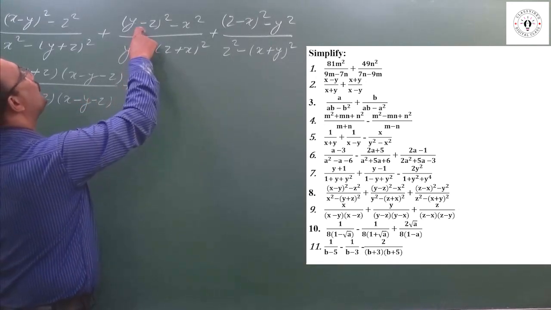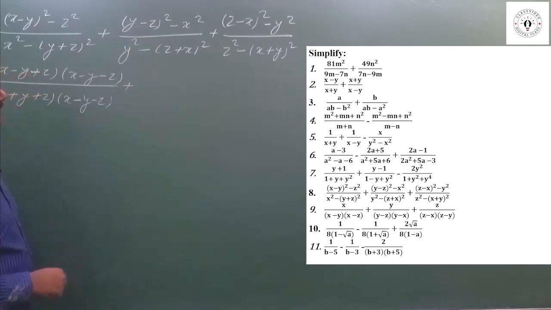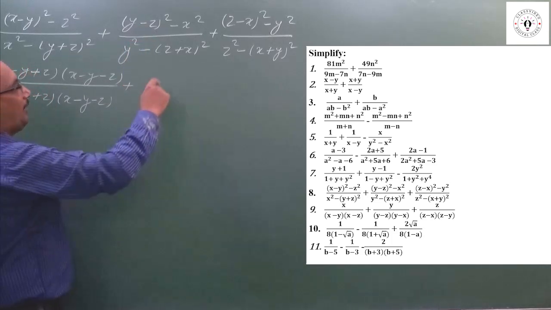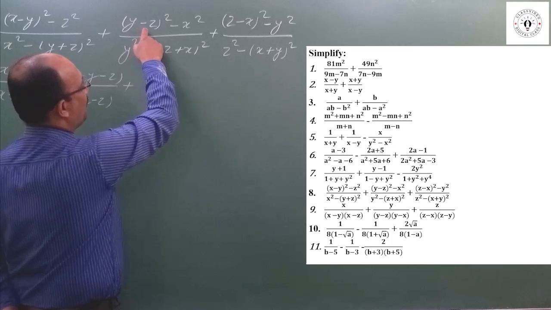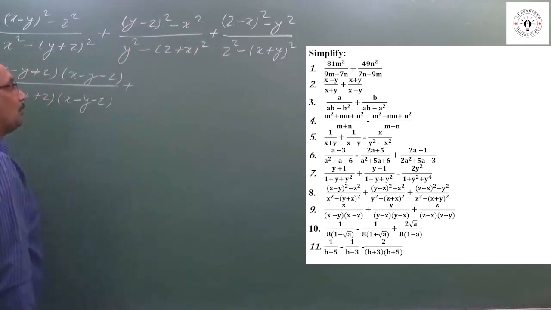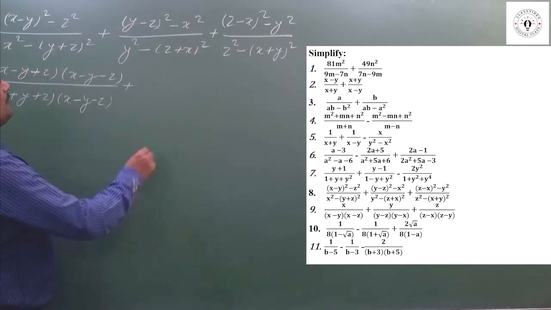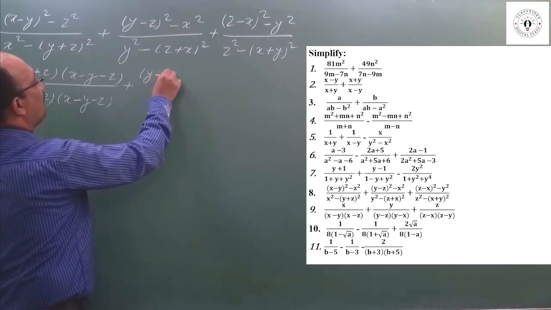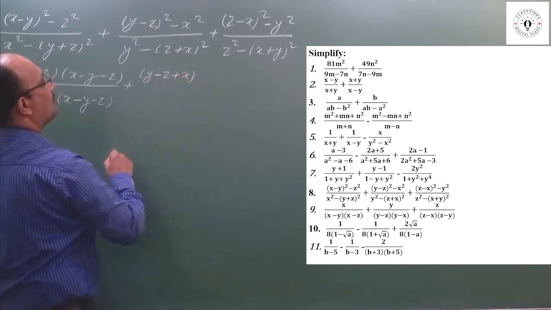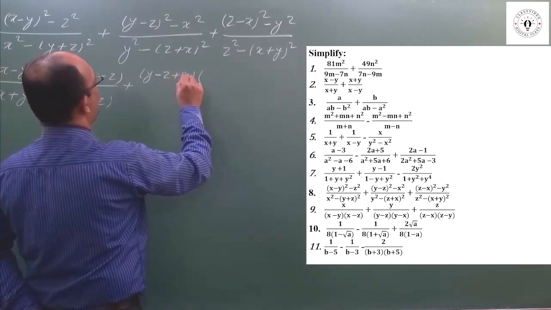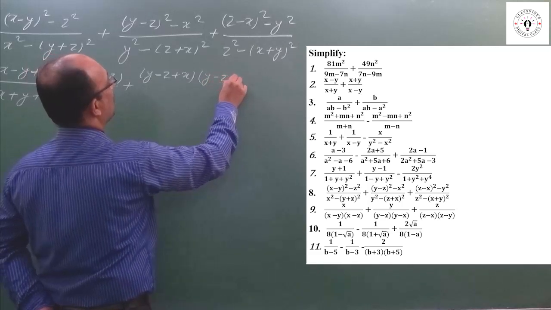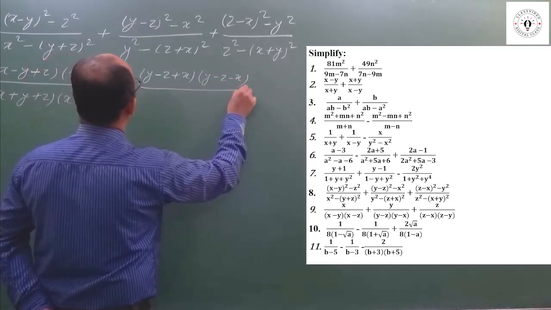Similarly, if you suppose y minus z as a and x as b, then this is in the form of a square minus b square, which equals a plus b into a minus b. That is, a means y minus z plus b means x. a minus b, a means y minus z, minus b means minus x.